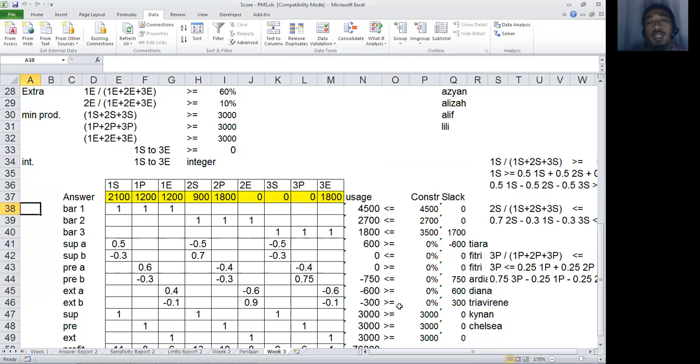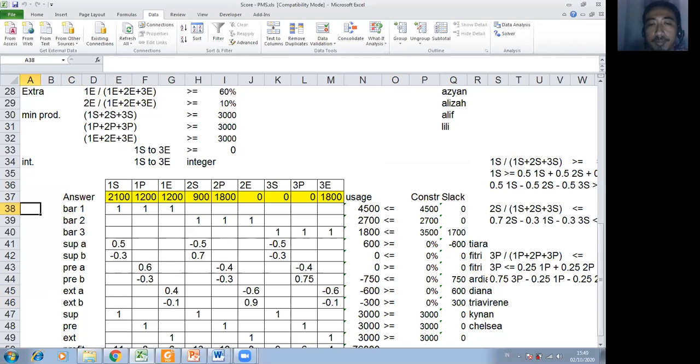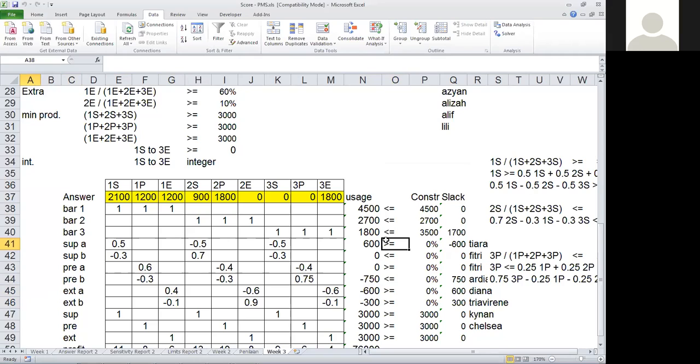Okay, any question related to this problem? Sir, before we go to the next example. Yes, Reza, please. Slack is unused resources, right? So if the slack is negative, what does it mean? Yes, overuse. Because in certain conditions we have a maximum, the limit is maximum, like here, 4,500.